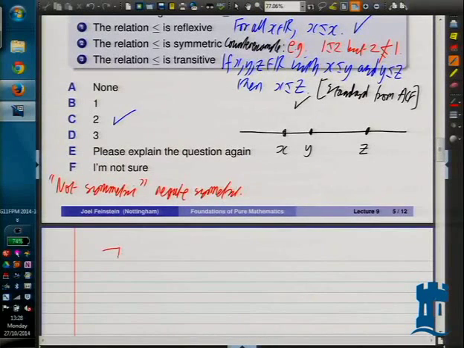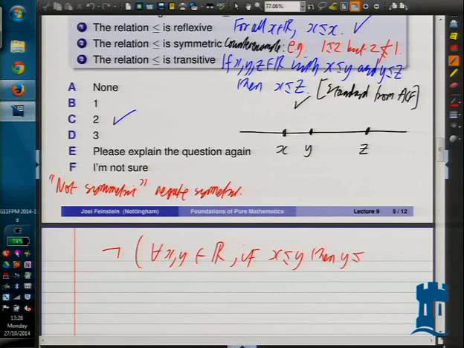We have to negate for all x, y in R, if x less than or equal to y, then y less than or equal to x. That's a tricky one to negate. That's there exists an x, y in R such that it's not true that if x less than or equal to y, then y is less than or equal to x. So you're going to have to think about that one.